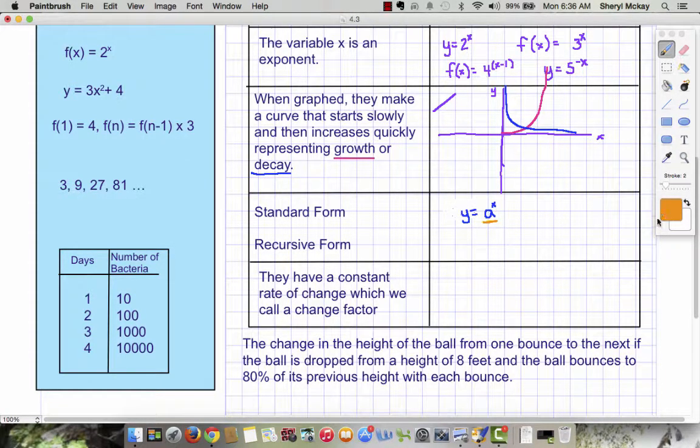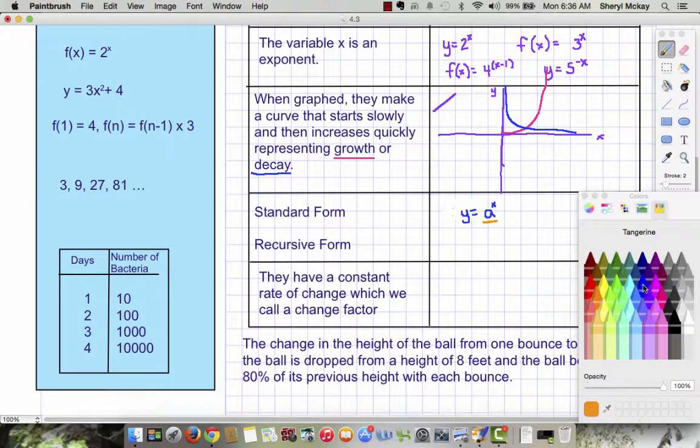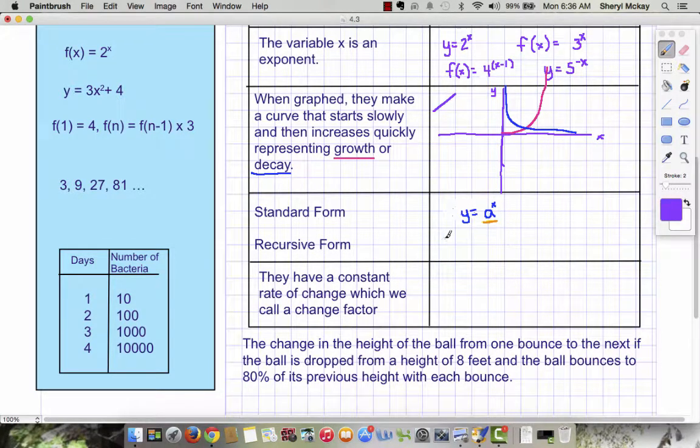And we've already learned the recursive formula that basically says f of n equals whatever the first term is, all right? I'm sorry, we want to say this is f of 1, not f of n. We want to say f of 1, we always say what the first term is.